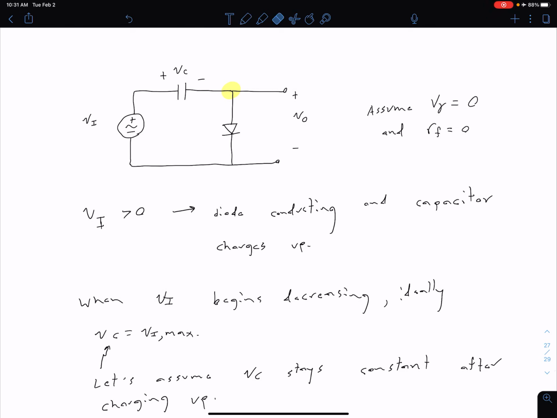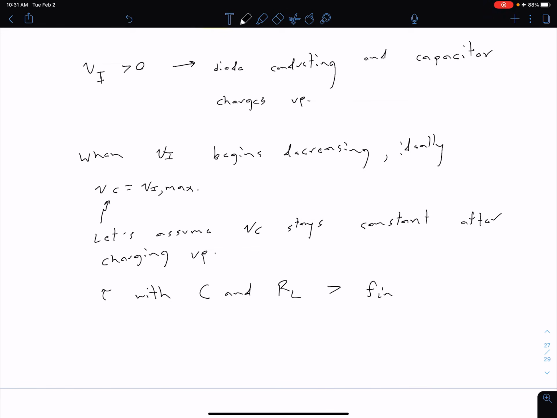Then we can come back up to our circuit and look at a KVL loop, and we can say in general V out is equal to negative Vc plus Vi. So in general, V out is equal to Vi minus Vc, so I've just switched the order from what I said before.